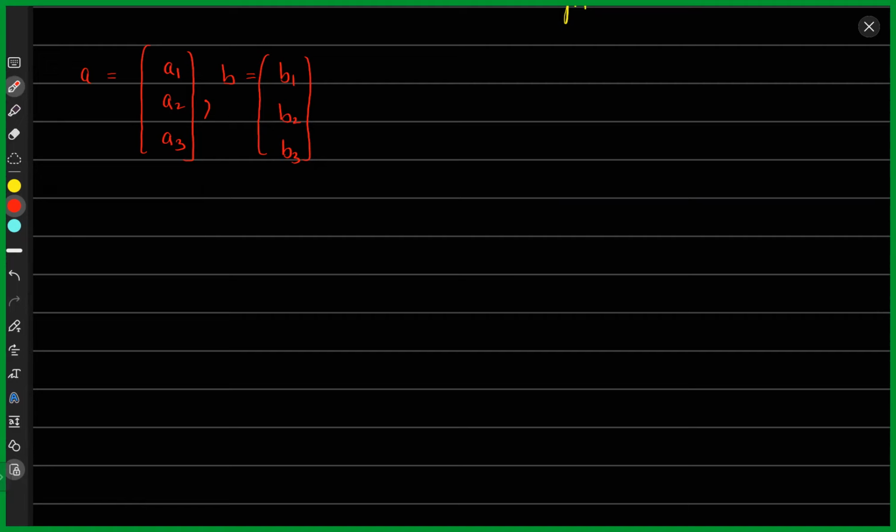So for this case, the dot product of vector A and B is considered as A dot B, and it is equal to the product of A1, B1.